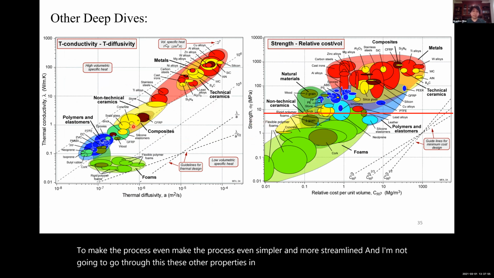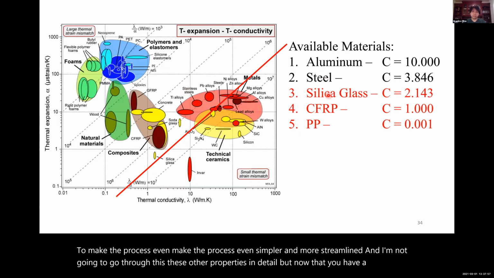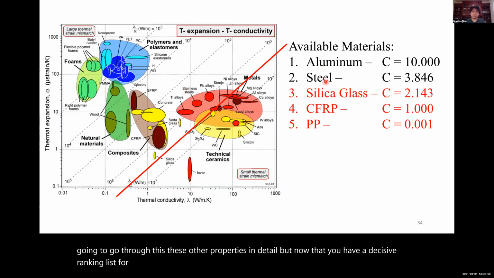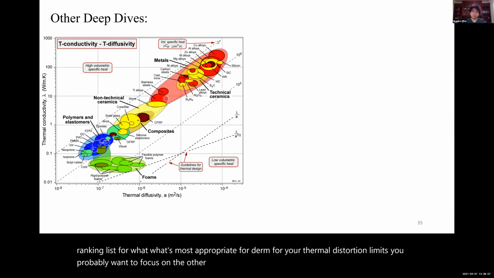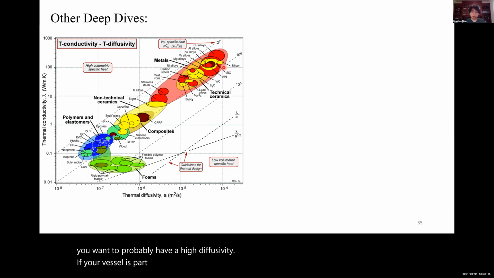I'm not going to go through these other properties in detail, but now that you have a decisive ranking list for what's most appropriate for your thermal distortion limits, you probably want to focus on the other requirement now, which is the 15 minutes of terror. You want to probably have a high diffusivity if your vessel is part of your restoration process, right? So you would have to do another deep dive with a different type of Ashby plot.